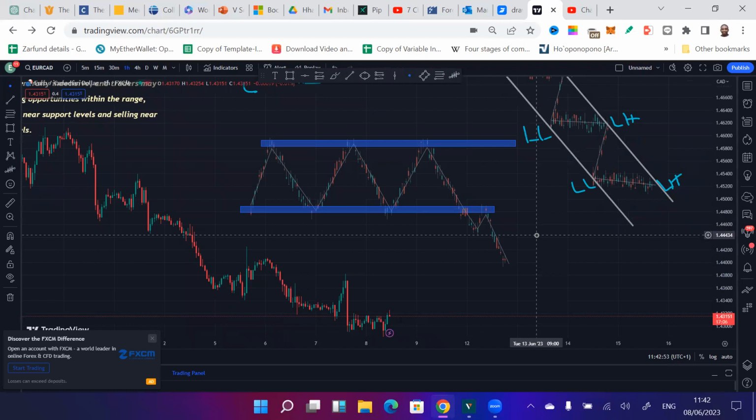So depending on the kind of trader you are, if you are a shorter term trader looking to just take quick 10 pips, 20 pips and be out of the market, you can trade up and down within a range. But if you are a longer term trader, you may not be able to trade like this.